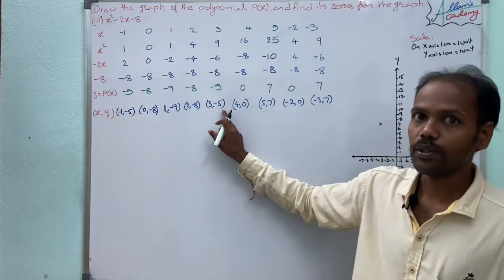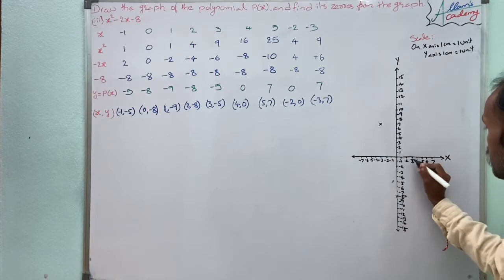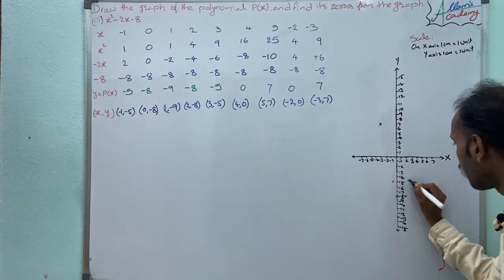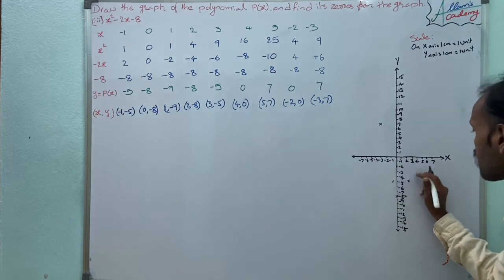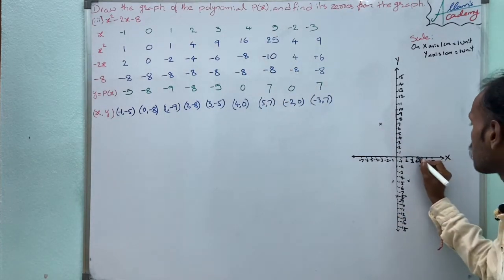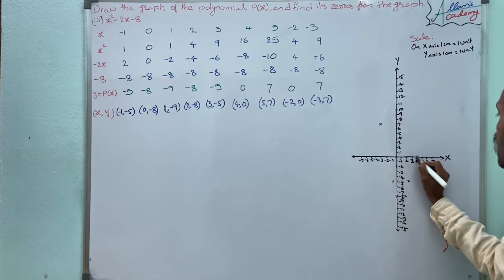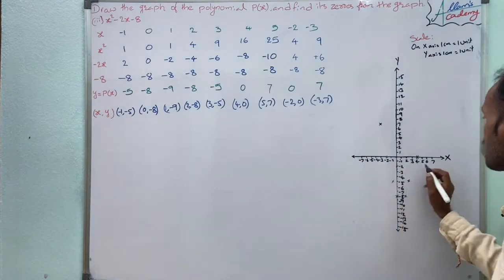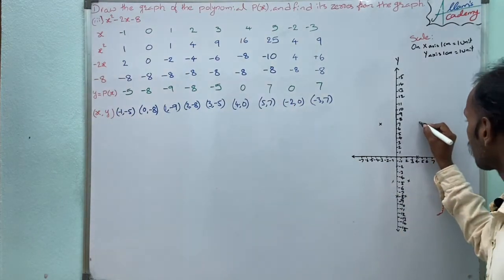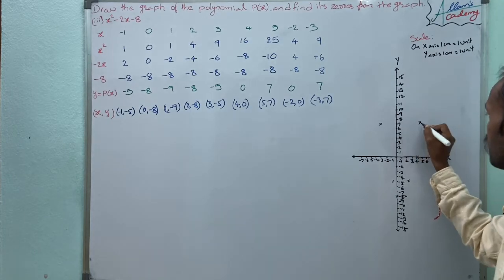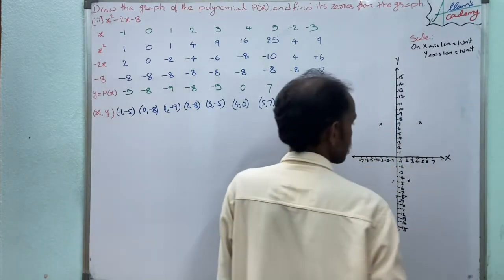Next, 3 to minus 5, so for the point 3, the distance from the x-axis is minus 5 units. Next, 4 comma 0, that means it is on the x-axis. Next, 5 to 7: 5 units along the x-axis and 7 units distance on the y-axis.